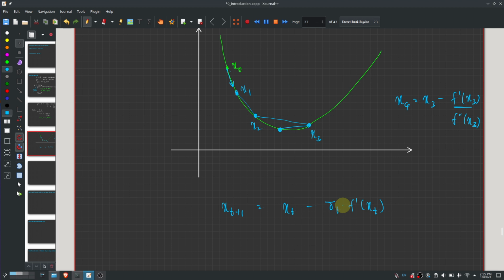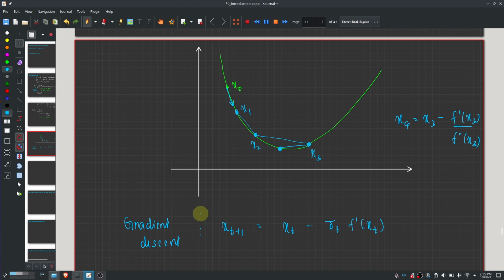In higher dimensions, we'll see that this is the negative of the direction where the slope is maximum. So this is what is called gradient descent. And this potentially can be used for non-convex functions as well.